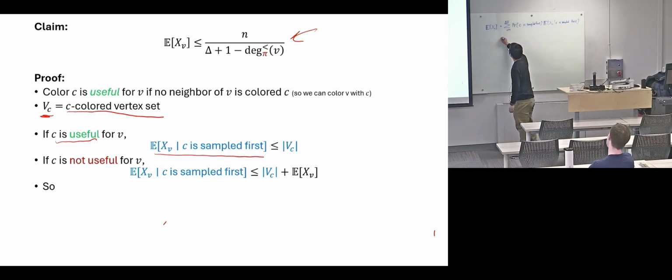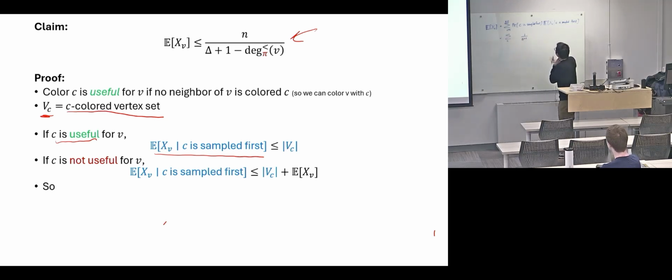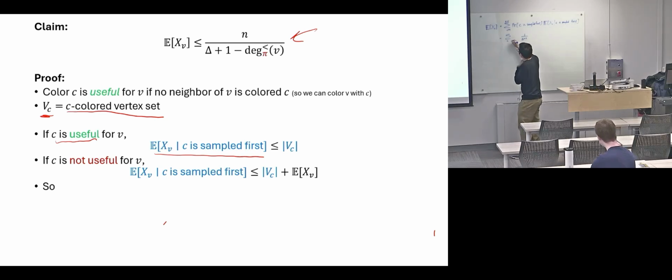And now, what do you have? What is this? 1 over delta plus 1. Yeah, this is 1 over delta plus 1, right? And this we have 2 cases. So let's try to write it in 2 cases.